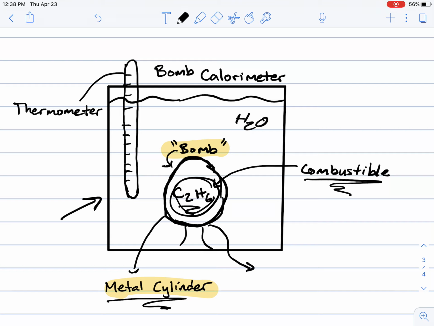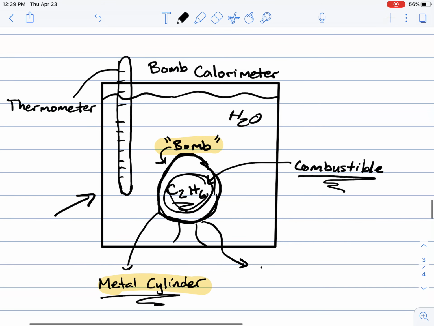So when the reaction occurs, the combustion could perform physical work through expansion of its container. But since this is a metal cylinder and since this is closed and encased, technically speaking, when the combustion reaction occurs, there is overall no change in volume of the container itself.